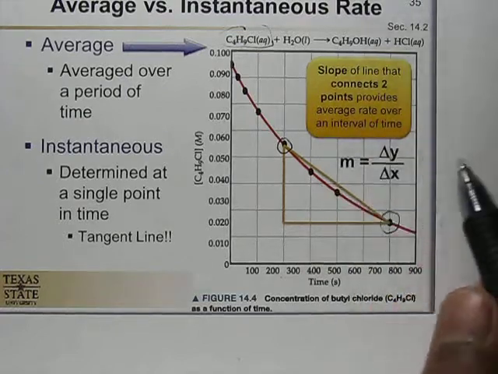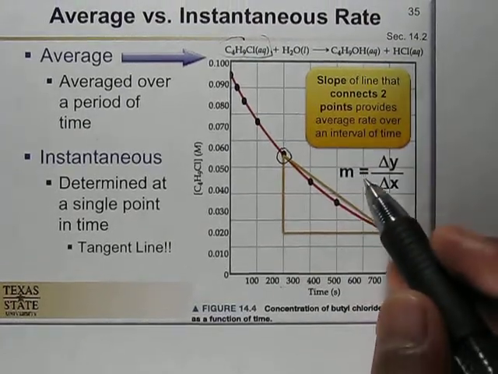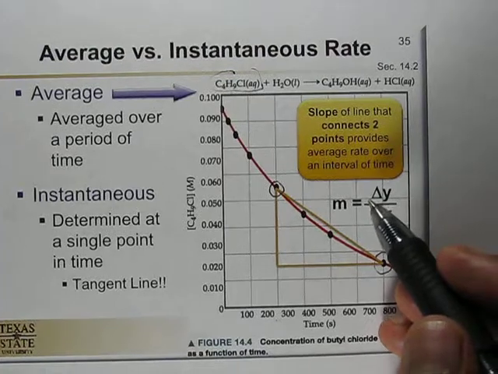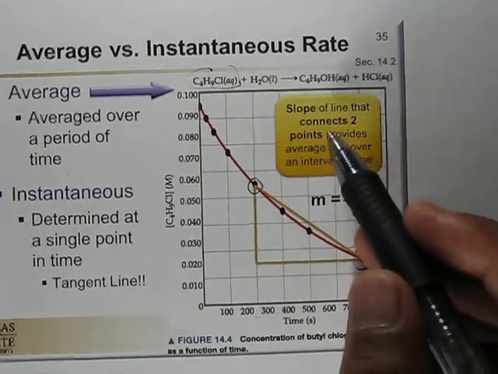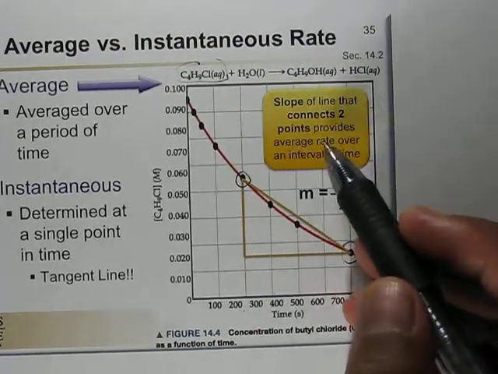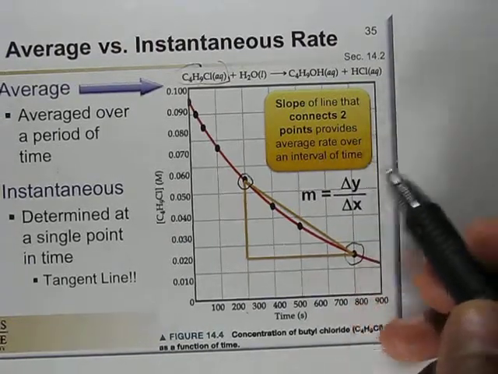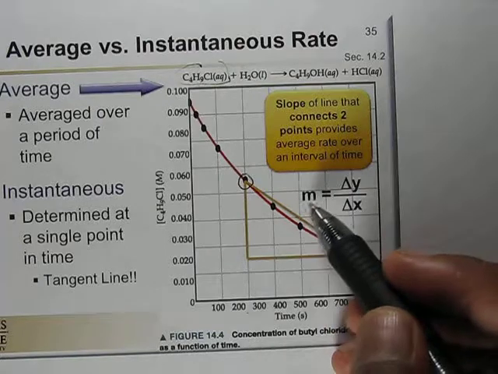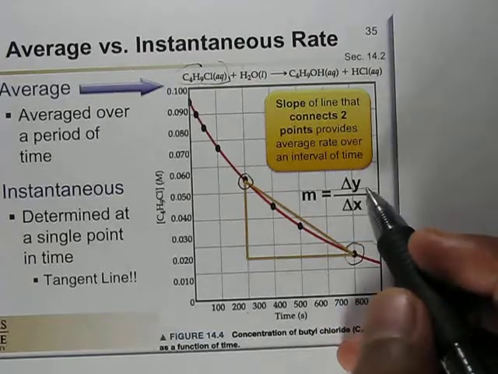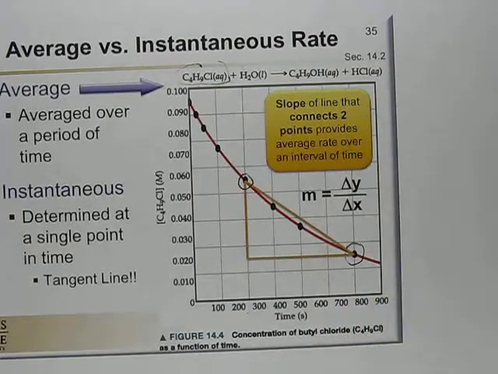The slope of the line that connects 2 points provides the average rate over an interval of time. So we can write m, the slope, equals delta y over delta x.